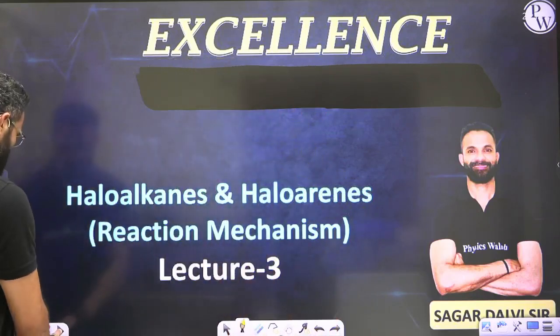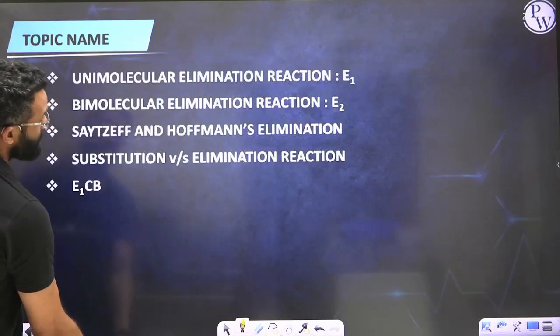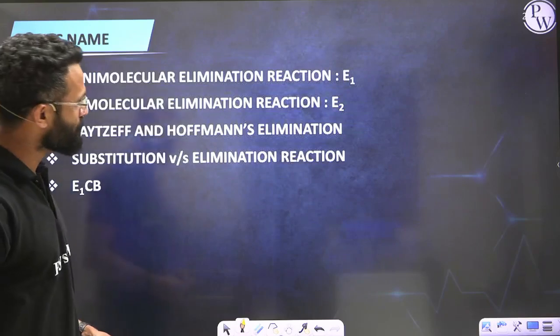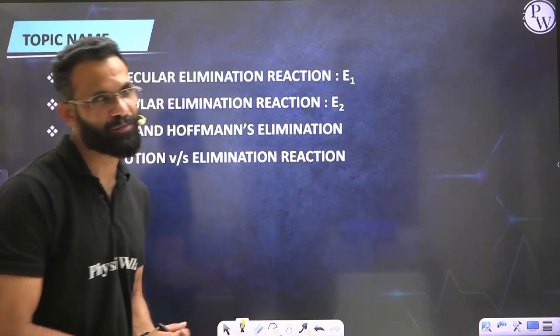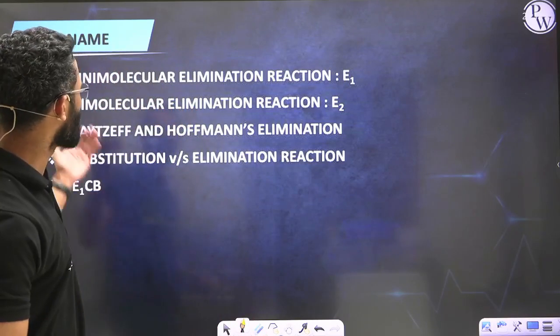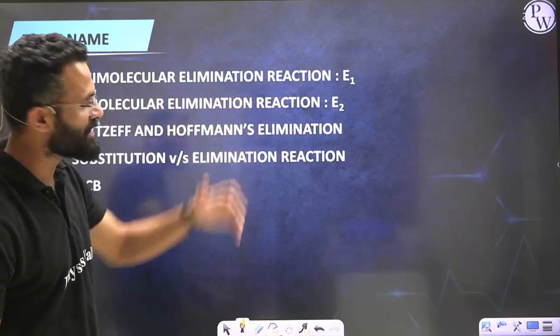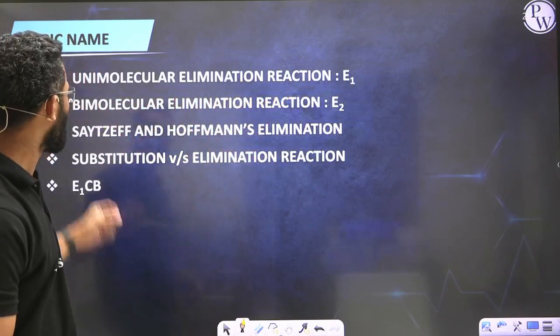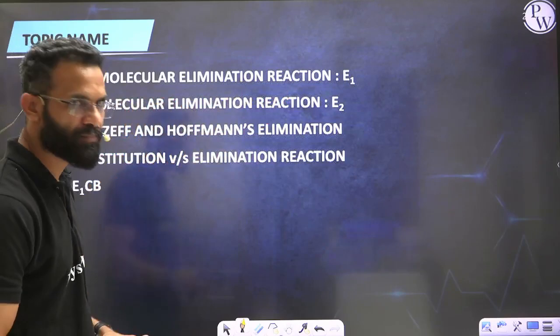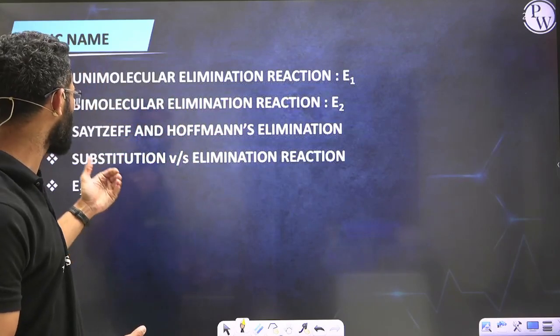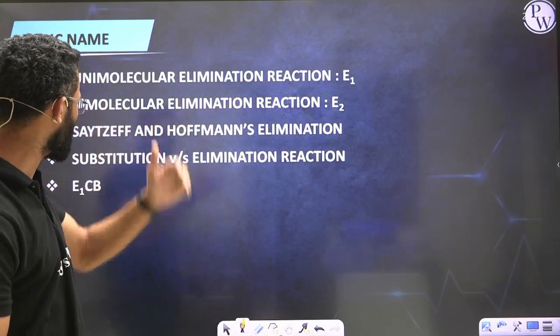So dear students, in today's class, what exactly are we going to learn? Let me show you. Our learning objective today is to study elimination reactions. Again we will be learning 3 important mechanisms: unimolecular elimination reaction E1, followed by bimolecular elimination reaction E2, and with respect to E2 we'll also discuss Saytzeff and Hofmann elimination.